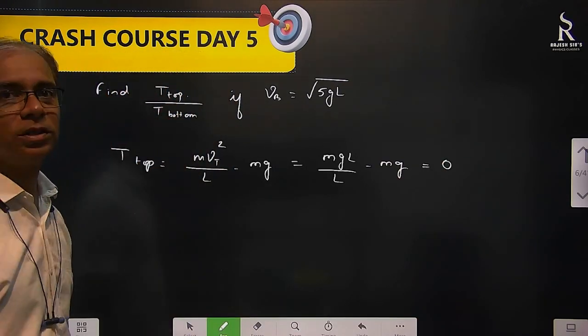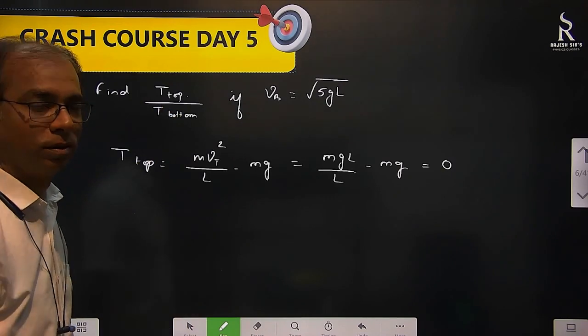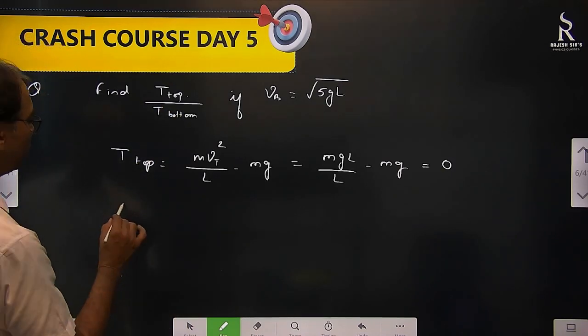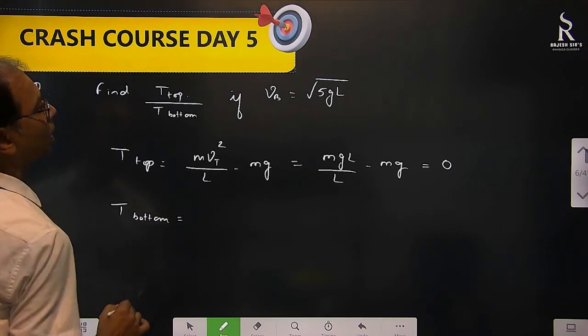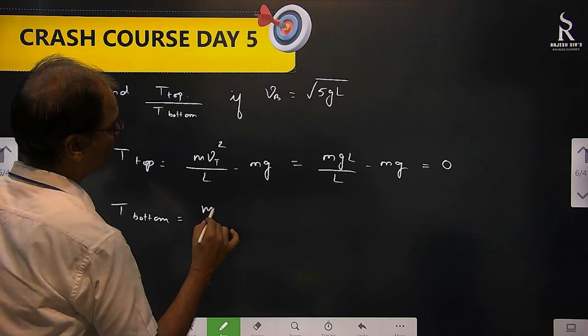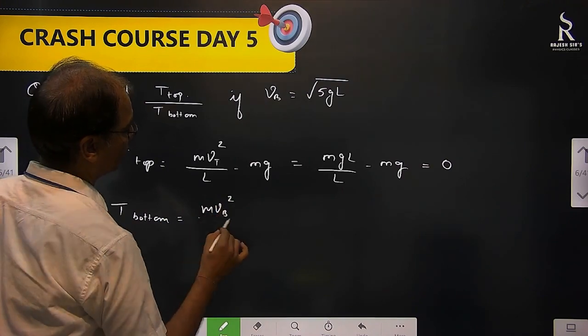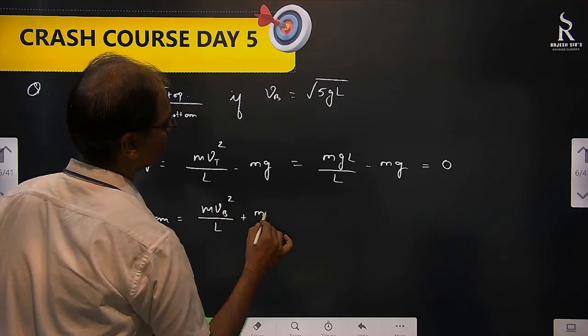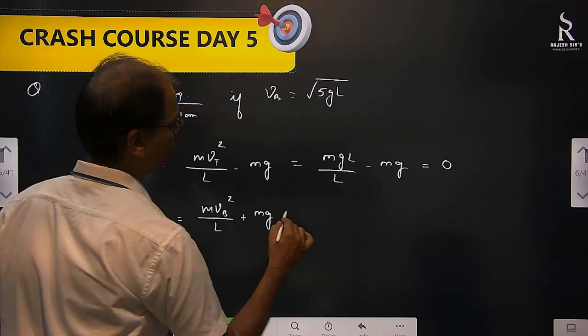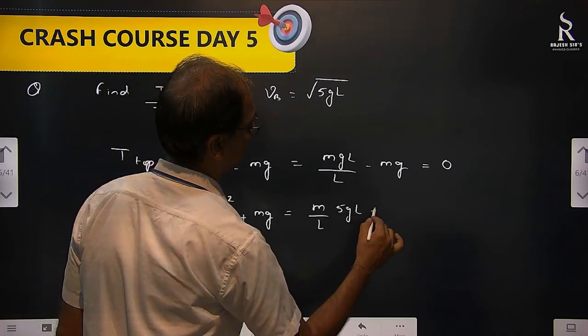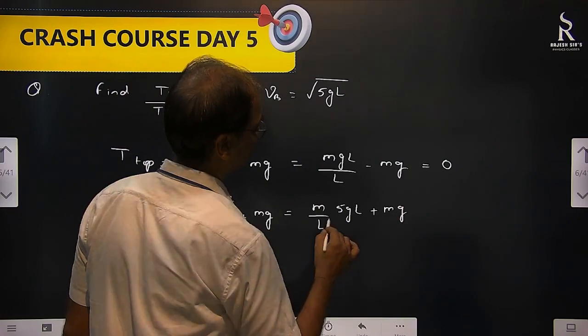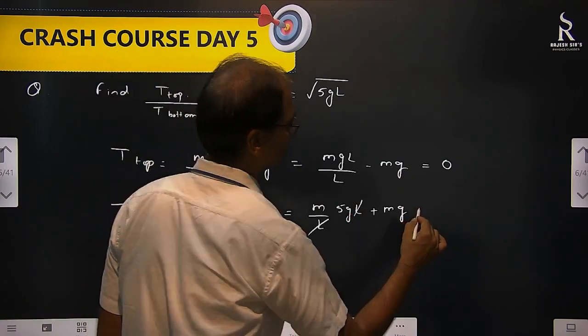Tension at the top became 0, so the answer is 0. Tension at the bottom also you calculate: m Vb square by L plus mg. So m by L into 5gL plus mg. L gets cancelled, 6 mg.